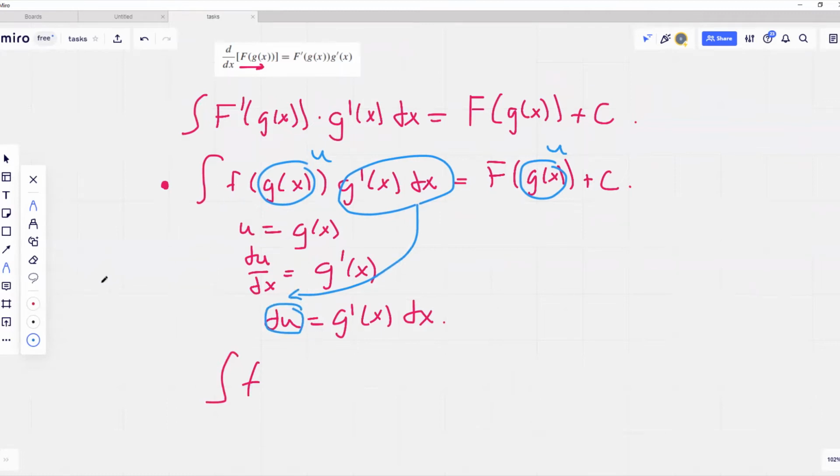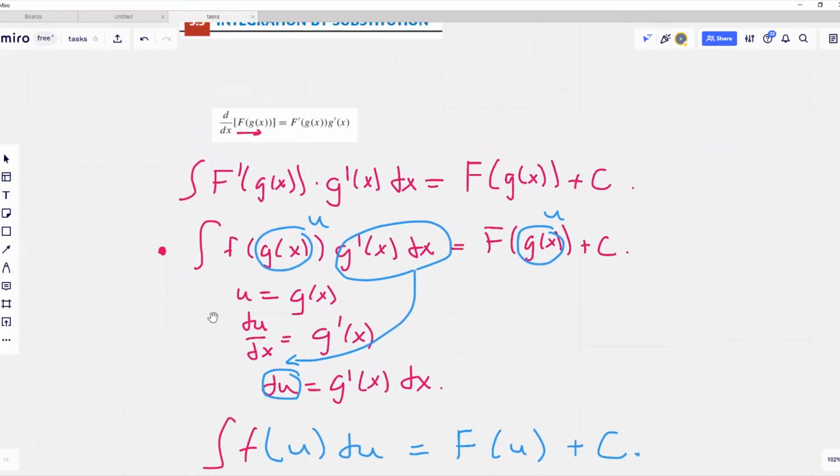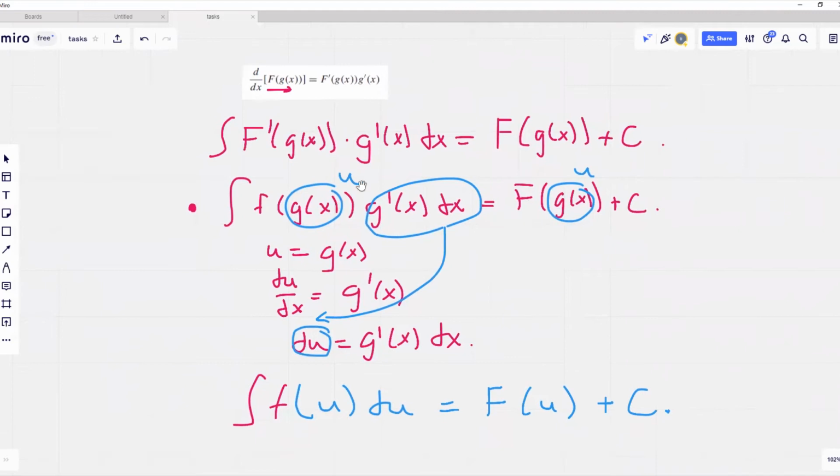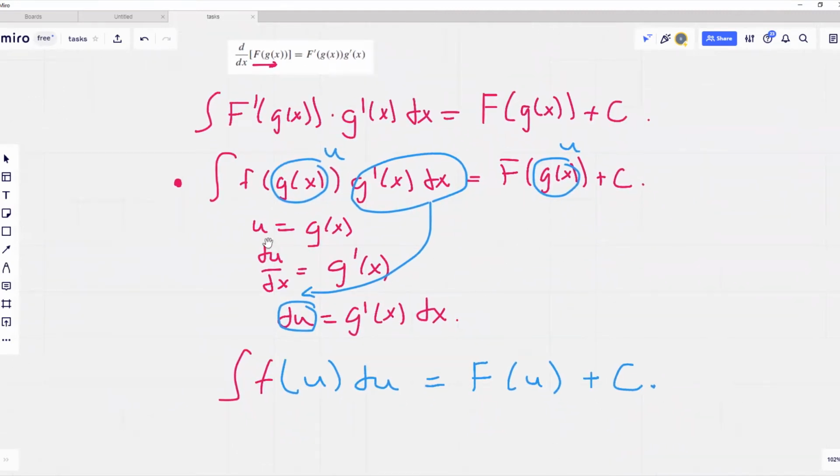Then this equation is transformed into the integral of f at u du equal to F at u, the antiderivative of f at u, plus a constant of integration. So this technique allows us to solve the integral by introducing the substitution u and transforming it into the following form. Now let's take a look at a couple of examples.